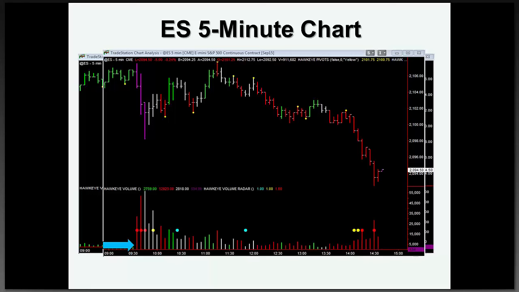So right at the bottom you can see an arrow's come in. That is the Hawkeye volume that's come in, and that's green for buying, white for no demand, and red for selling.